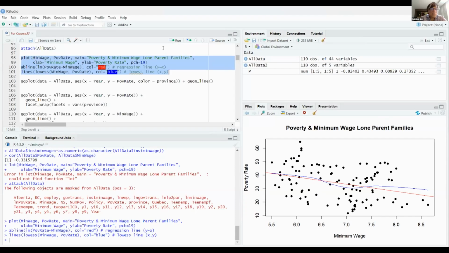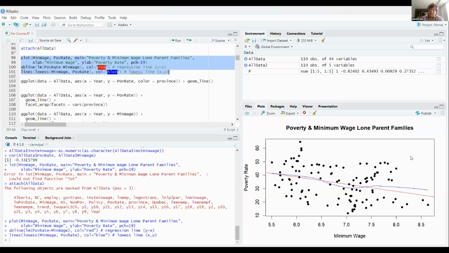Here's the title. And then on the x-axis is the minimum wage, and on the y-axis it's the poverty rate, right? I can call it anything I want. And I want a line through it. So this now gives you an idea of why there is a negative correlation.